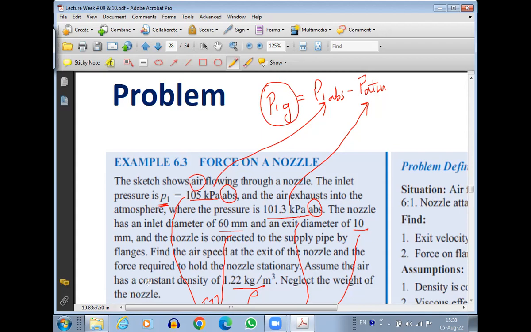P1 absolute minus P atmosphere is 105 minus 101.3, so that will be about 3.7 kilopascal. So we have the P1 gauge.